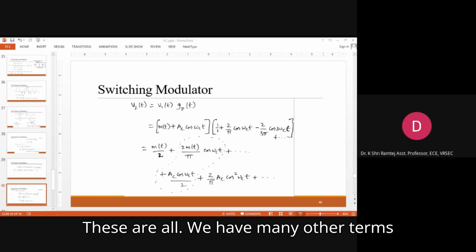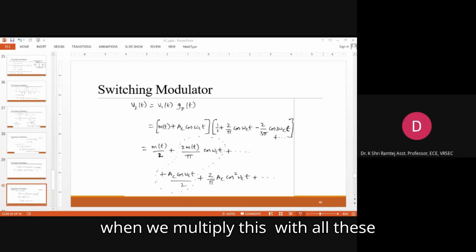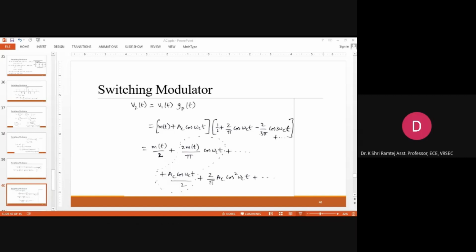We have many other terms which are not required, and when we multiply this Ac cos omega ct with all these values, the first term will be Ac cos omega ct by 2 and the second term will be 2 by pi Ac. Since we are having two cos terms, it will be cos square omega ct, and so on.